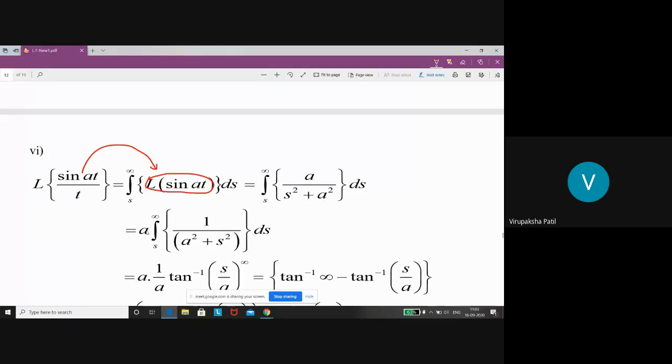Now, a I will take outside here, constant quantity. Integration from s to infinity of 1 divided by a square plus s square, or s square plus a square. No issues with respect to s. Now, you remember this. What is the standard result of this?